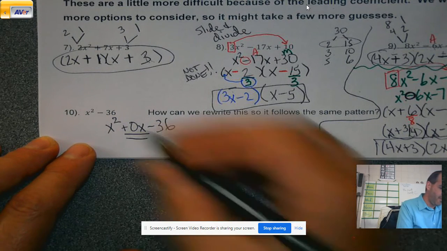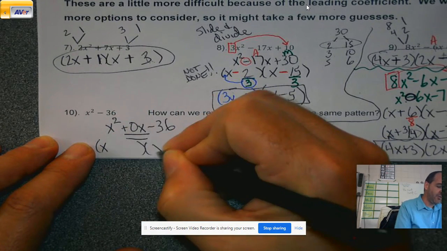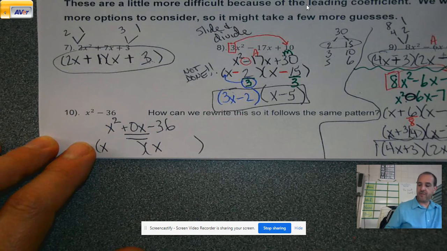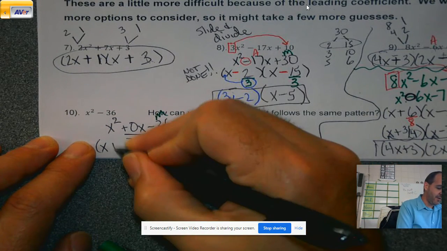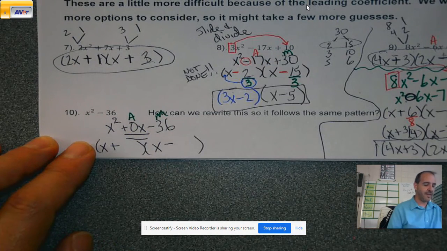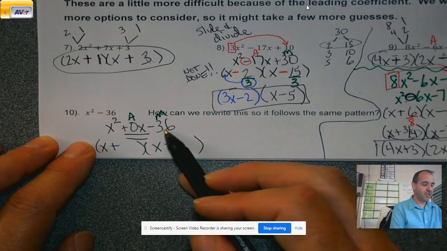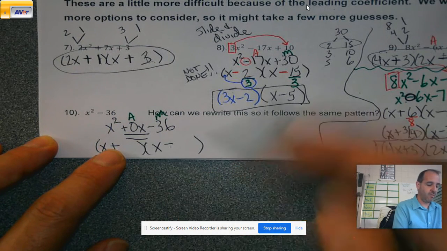I could still use my diamond to do this. My multiply number is negative 36, so I know it's one of each sign. My add number is 0, so what does that mean? It means when I take these 2 numbers and subtract them from each other, I get 0.